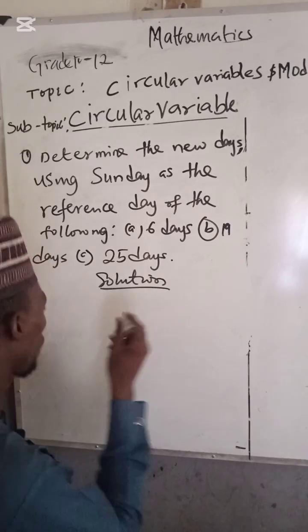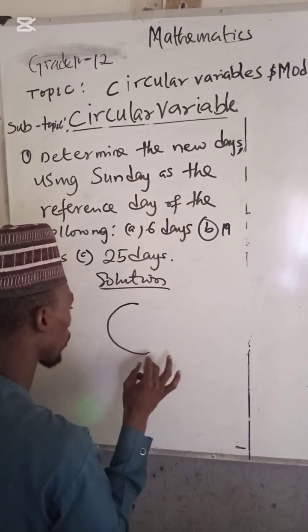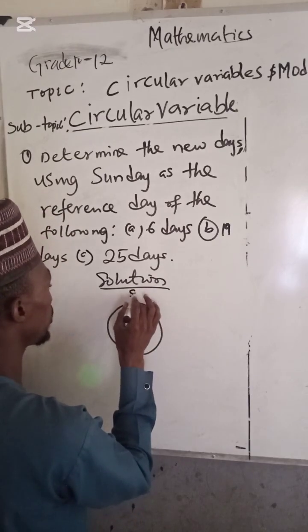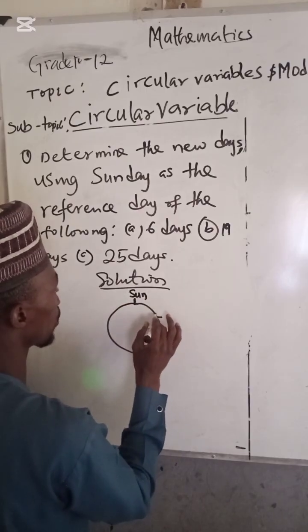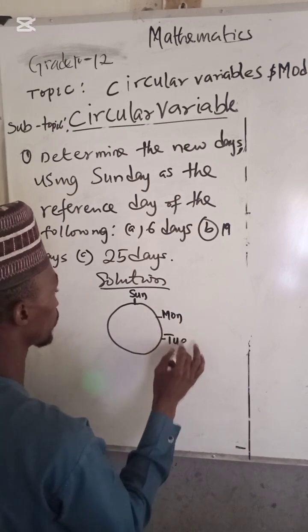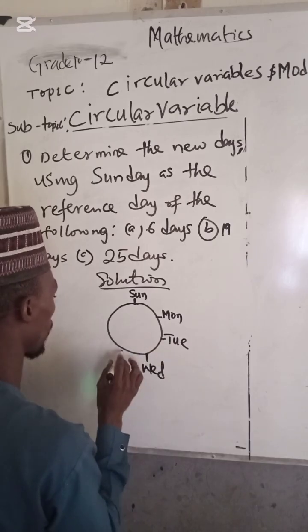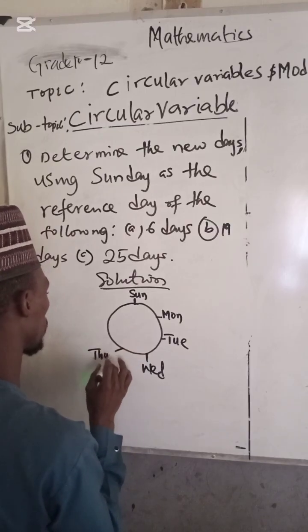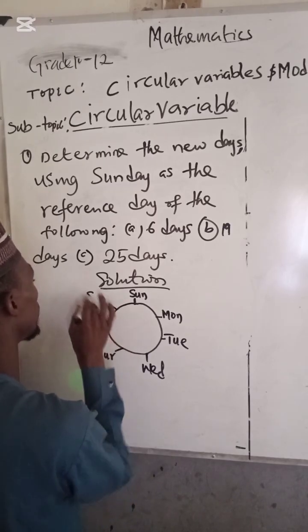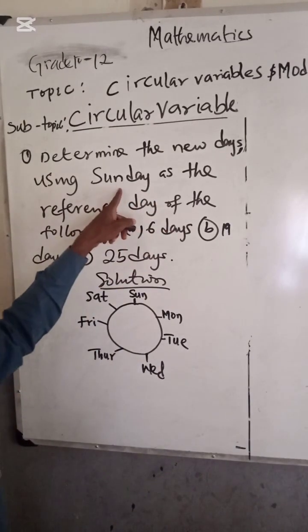Therefore, we draw our circle and number them: Sunday, Monday, Tuesday, Wednesday, Thursday, Friday, Saturday.